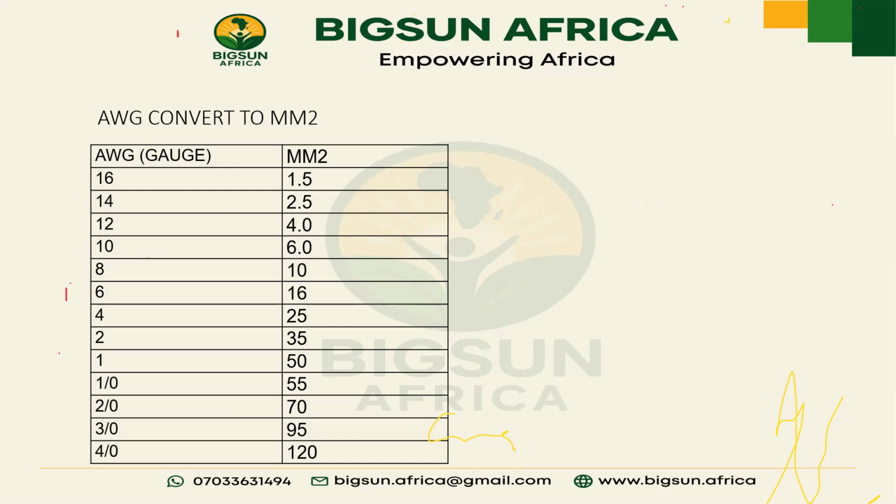So we should be using 9. 3 times 3 will give us 9. Our total voltage, which is 48 volts, multiplied by 2.